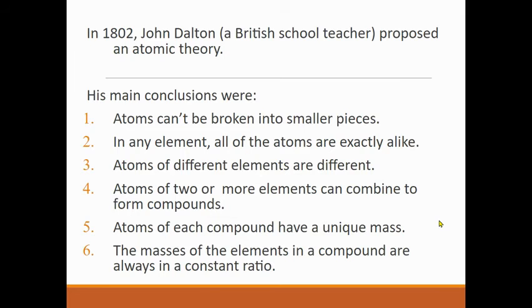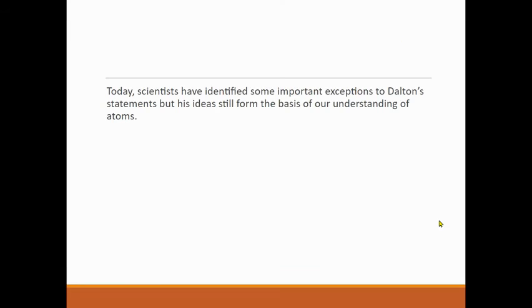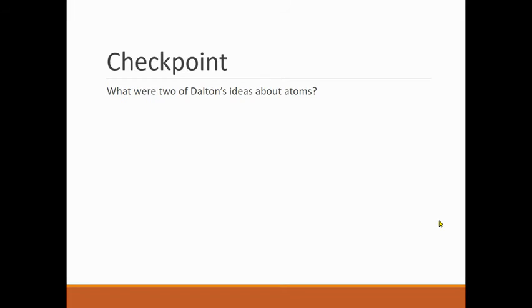Atoms of two or more elements can combine to form compounds. Atoms of each compound have a unique mass, and the masses of the elements in a compound are always in constant ratio. Today, scientists have identified some important exceptions to Dalton's statements, but his ideas still form the basis of our understanding of atoms. So, what were two of Dalton's ideas about atoms?